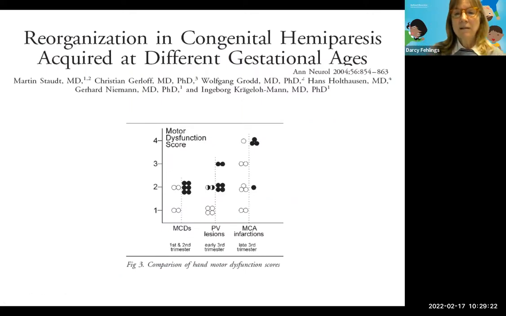So what other background do I want to share quickly before we start to go through the research? This is a really elegant body of work led by Martin Staudt in Europe. And this is a complicated slide, but I'll just orient you briefly. A score of 1 means you're using your hand well, and a score of 4 means you're really having trouble using your hemiplegic hand. You're not sending a clear message through.